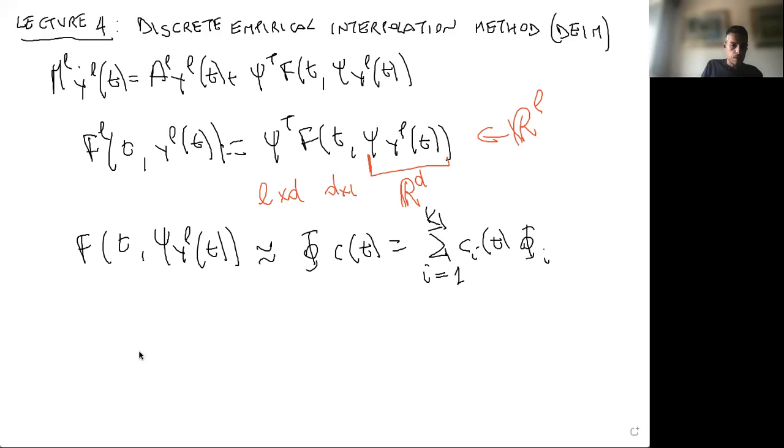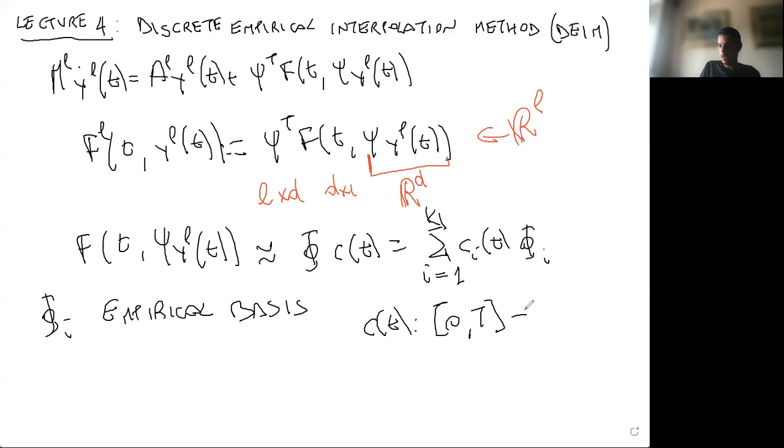So the phi_i are called the empirical basis. So we want to make an interpolation onto some empirical basis times some coefficient that we have to determine. So c of t is a function from 0 to capital T with values in R^k. So eventually k is way smaller than the original dimension.